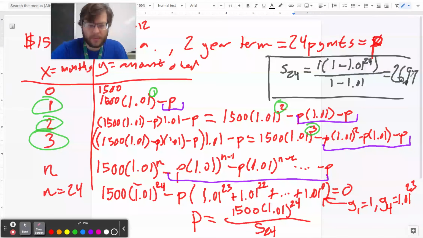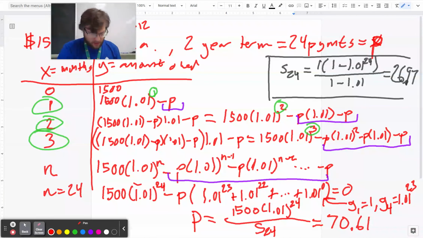And then my payment P, just calculating 1500 times 1.01 raised to the 24 divided by the answer I just got, is 70.61. Great, so that's part A.